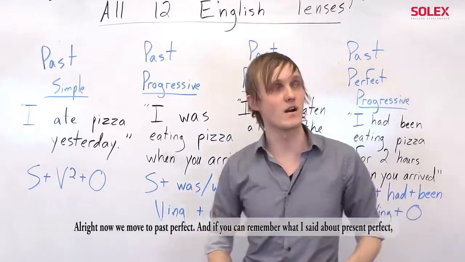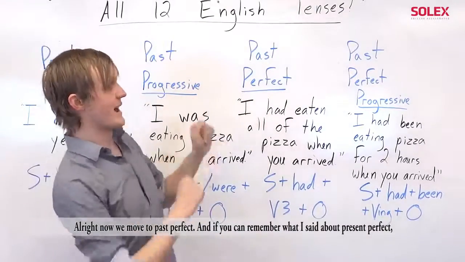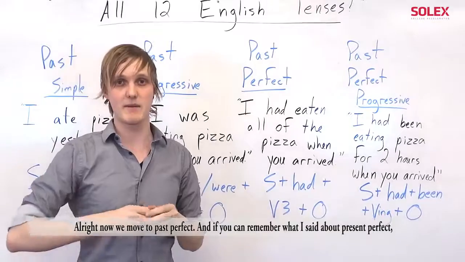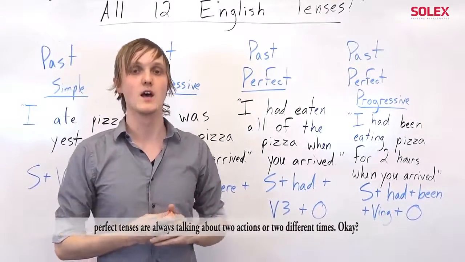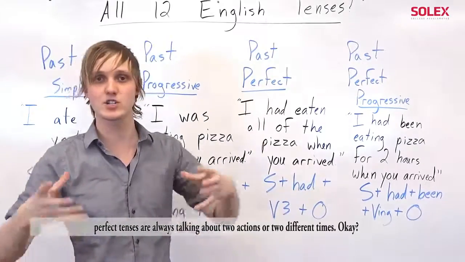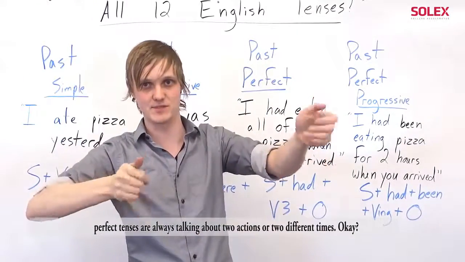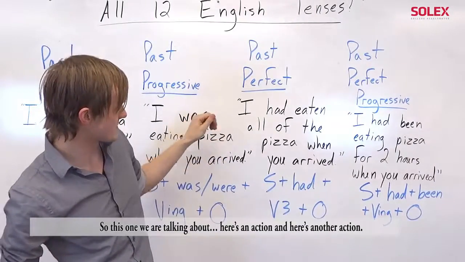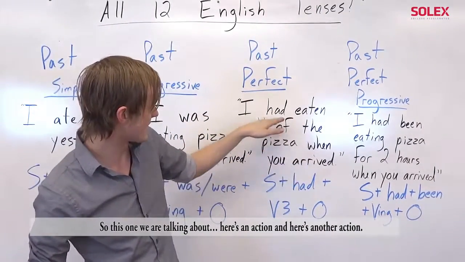Cool? Alright, now we move to past perfect. And if you can remember what I said about present perfect, perfect tenses are always talking about two actions or two different times, okay? So this one we are talking about, here's an action and here's another action.